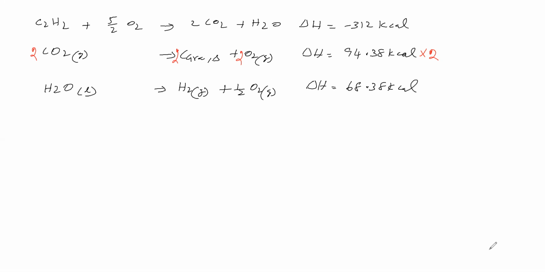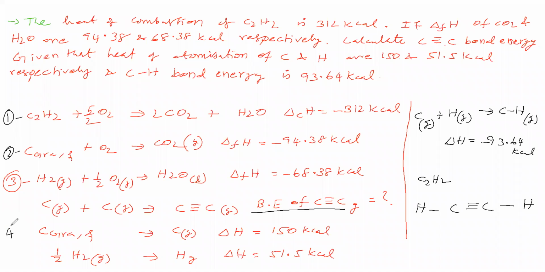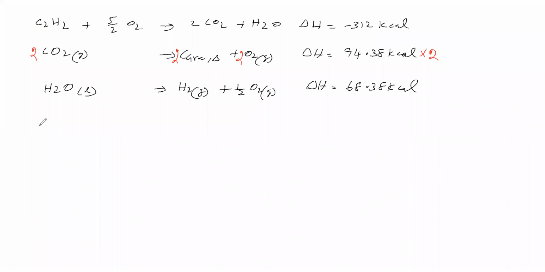Which equation shall we take? We will take equation number 4, with 150 kilocalories given. Equation 4 says graphite solid converts into gaseous carbon, and for this delta H is 150 kilocalories.